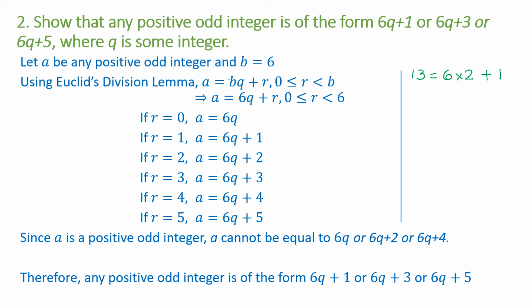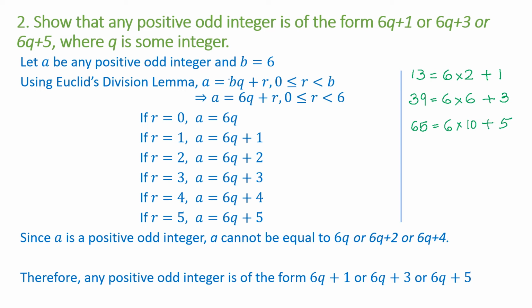In the same way, the next example, 39, is going to be 6 into 6, that is 36, plus 3. Let me take another example, that is 65. This is going to be 6 into 10, 60, plus 5.